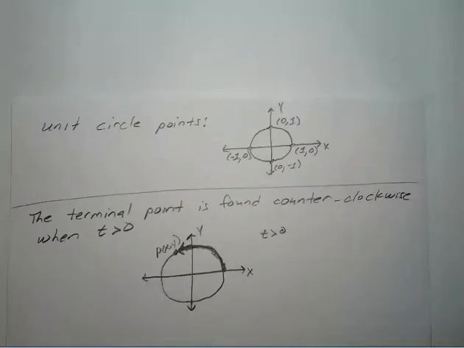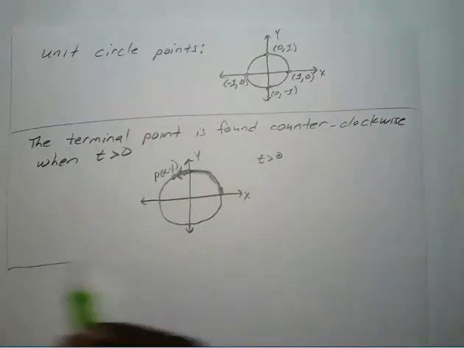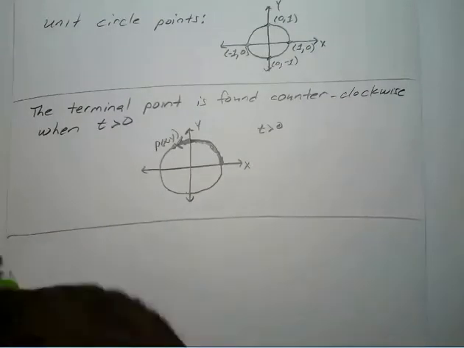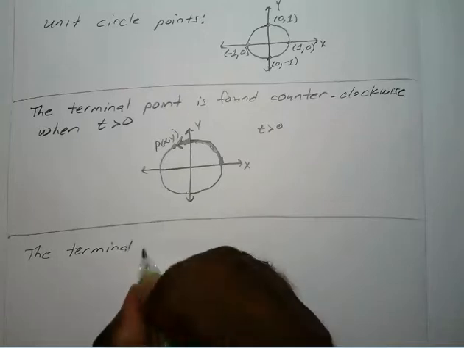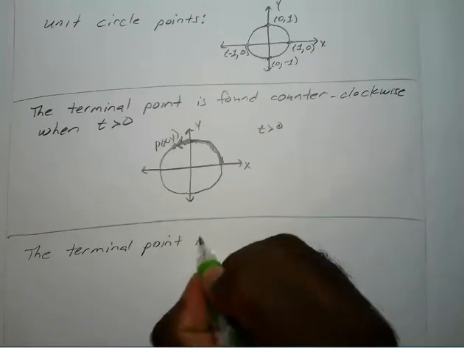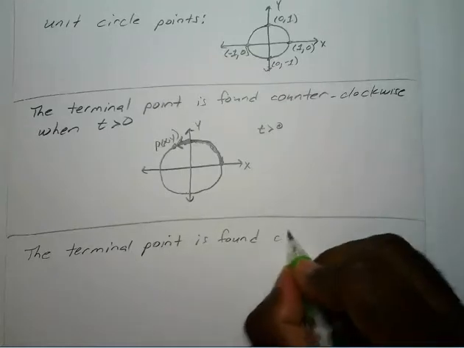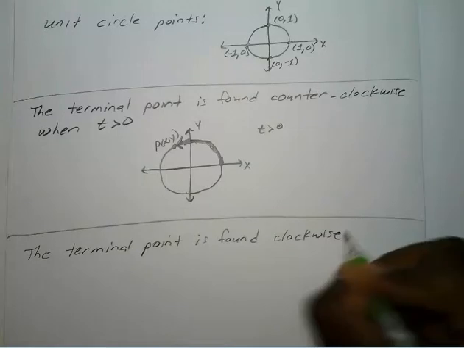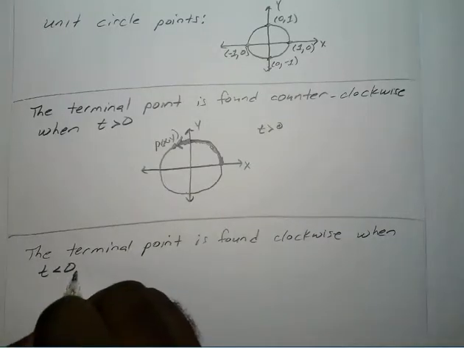Now, whenever you have an angle that's negative, then you're going to go in the clockwise direction. Let me kind of separate that a little bit. The terminal point is found clockwise when t is less than 0 or negative.